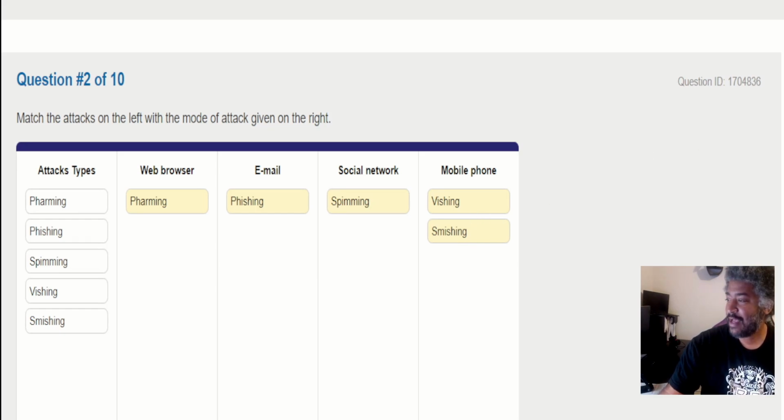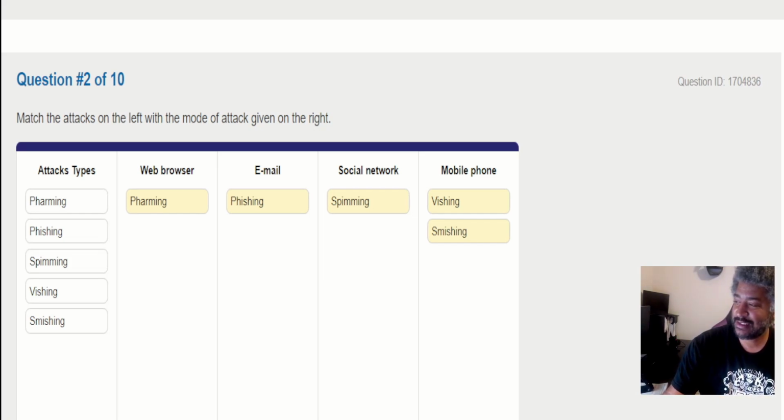All right, so now we have vishing and we have smishing. So vishing is where an attacker attempts to discover financials or private information, whereas smishing isn't one that I am aware of, but I used process of elimination on this one. But let's see what Google says in terms of what smishing is.